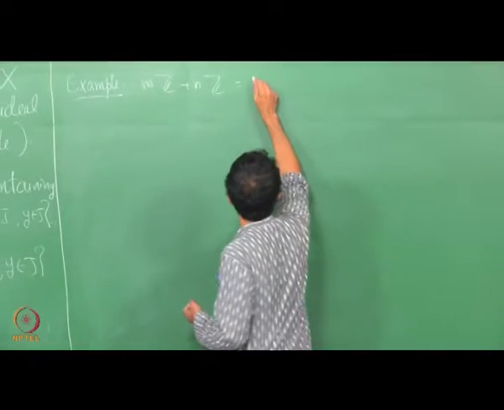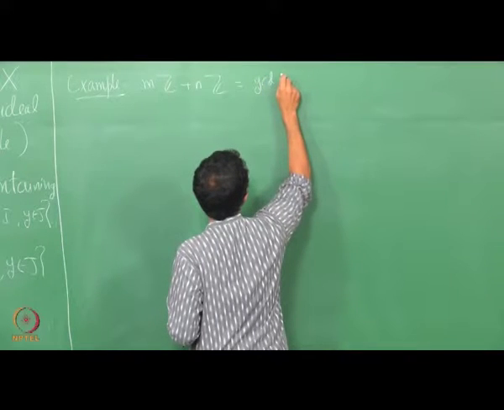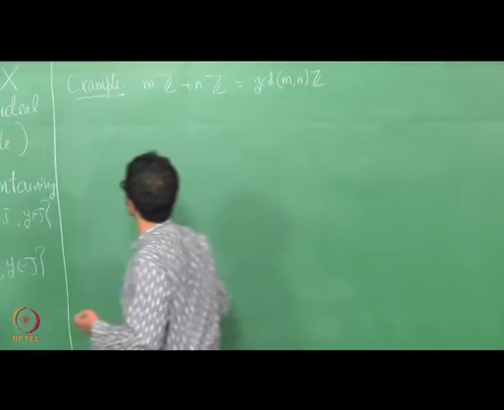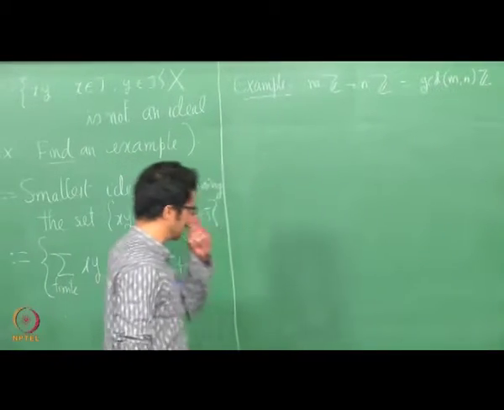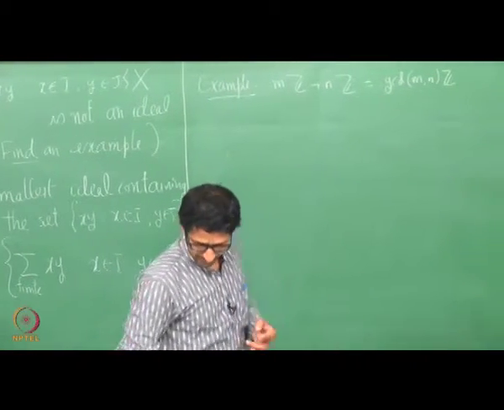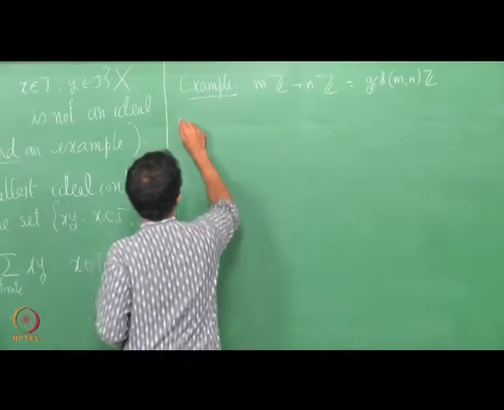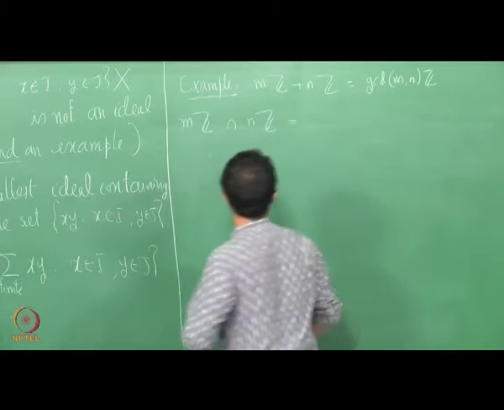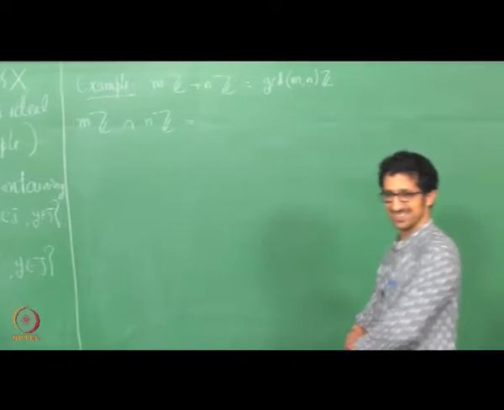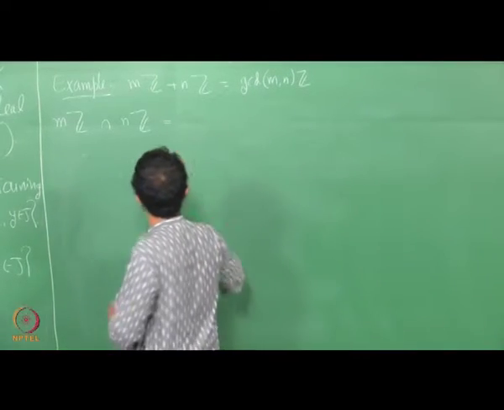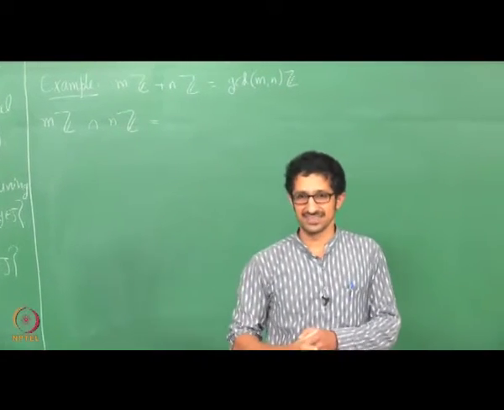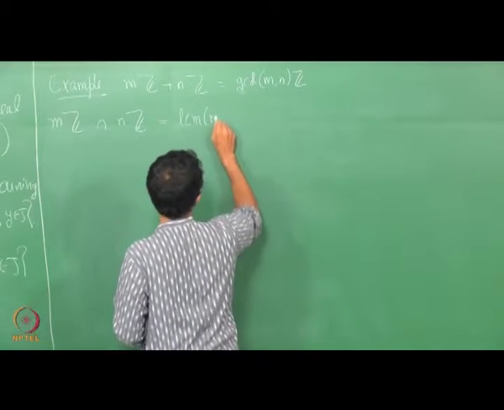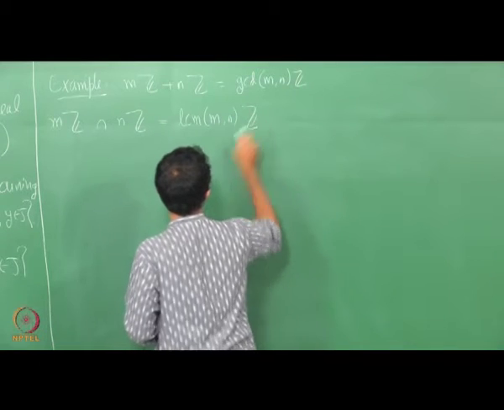This is the GCD of m, n times Z. And mZ intersection nZ, what would be this ideal? It is the LCM of m, n times Z.